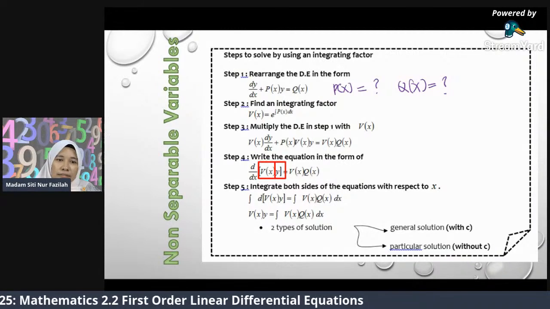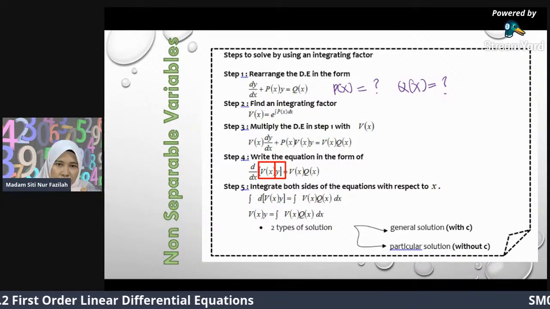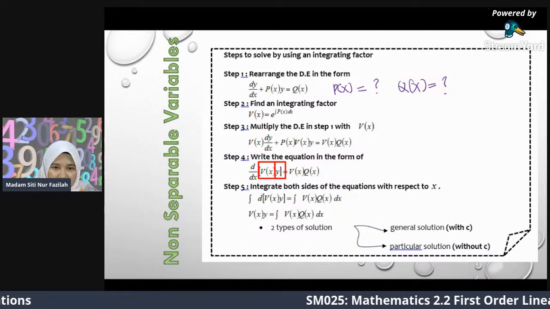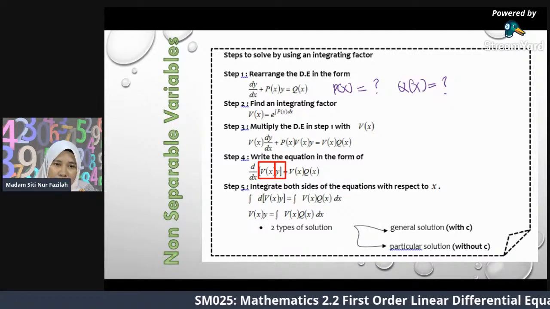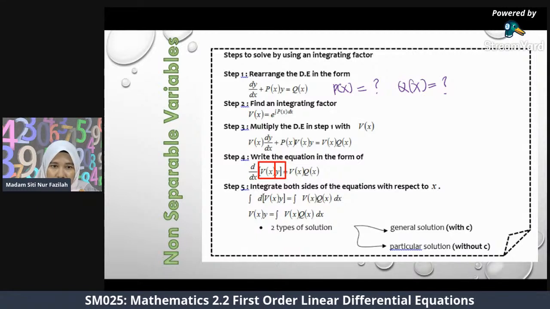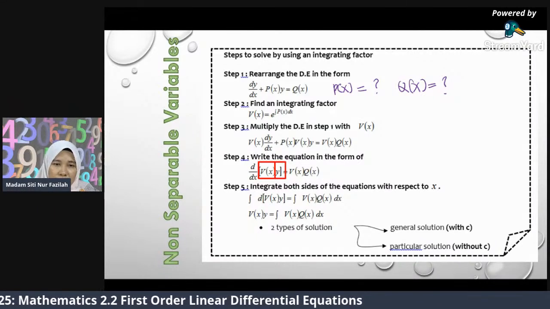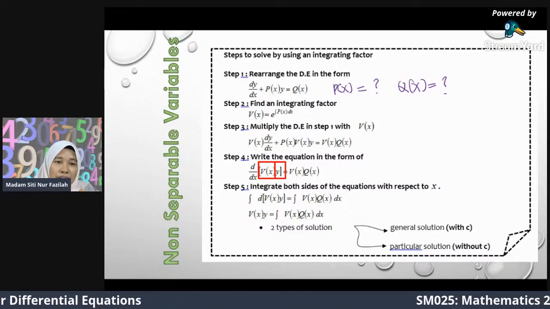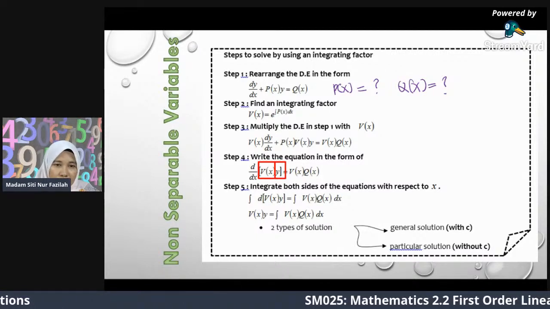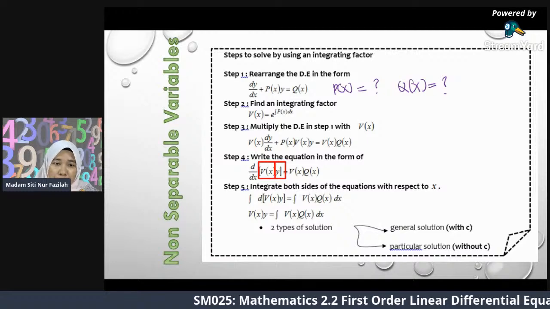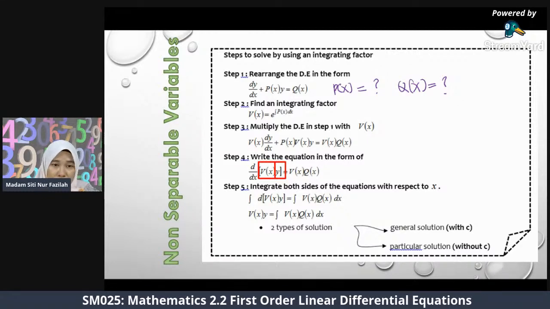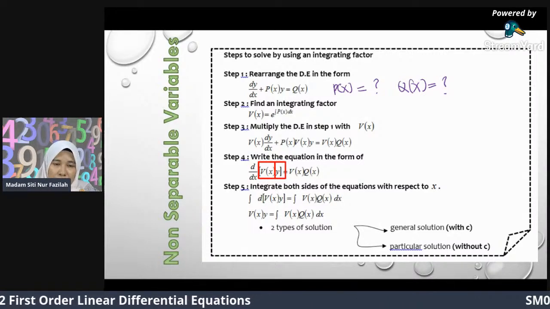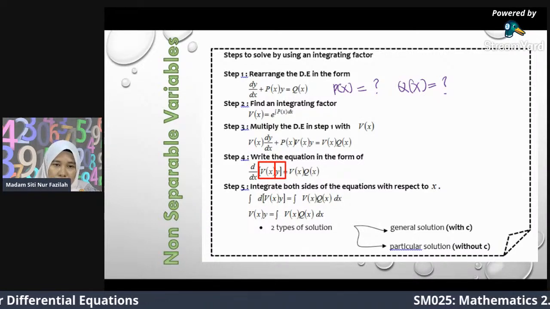And then for step 5, we need to integrate both sides of the equation with respect to x. For the left side, we get V(x)y from the integration. Then we integrate the right side, the product of V(x) multiplied with Q(x).